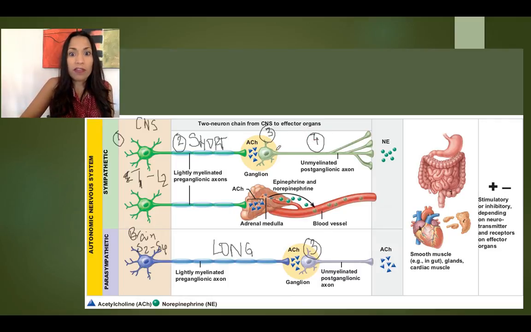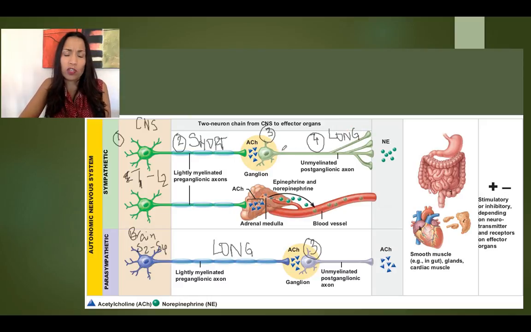The postganglionic fibers in the sympathetic nervous system, again, if you're drawing your pictures, which I highly recommend, exaggerate this so you can remember. Make these really short and these ones really long. All of these postganglionic fibers are unmyelinated, so slower, even slower than the preganglionic fibers.